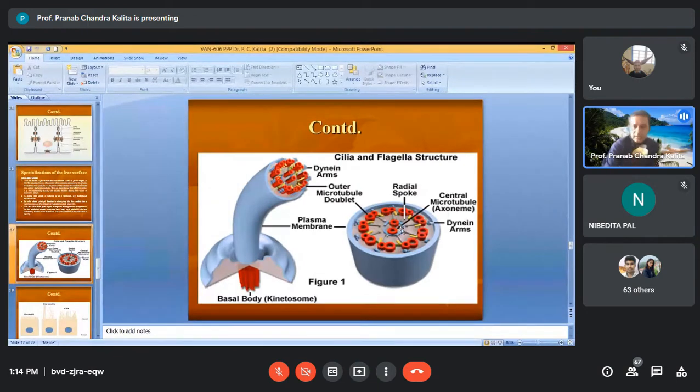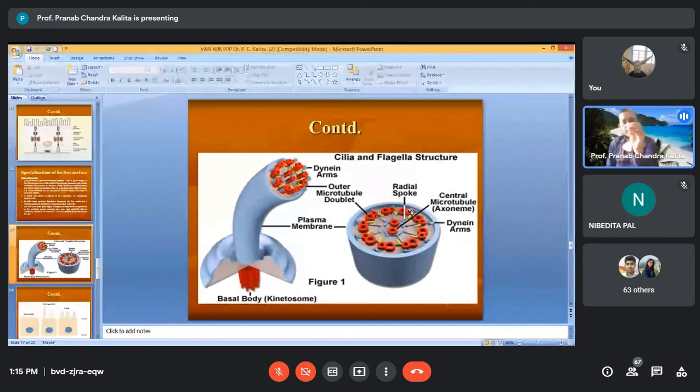If you see these 9 doublets of microtubules, one microtubule is complete, another is not completed. And these 2 microtubules are connected by the dynein side arms. And all these microtubules are connected to the central microtubules by the radial spokes. I'm not going into the details, but you must know what cilia is.